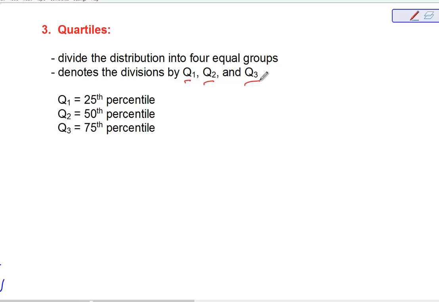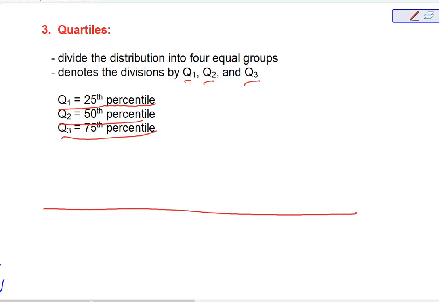These are the breaks in between these quartiles. And Q1 represents the first 25%. The Q2 represents 50%. Q3 breaks off 75%.